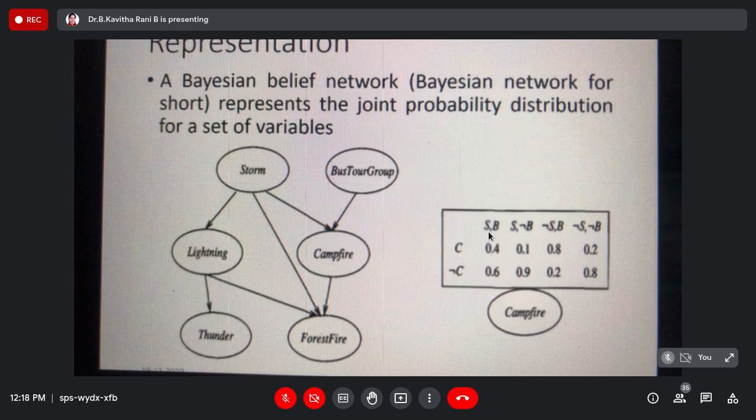Now, how are Bayesian belief networks represented? Why do we call them belief networks?